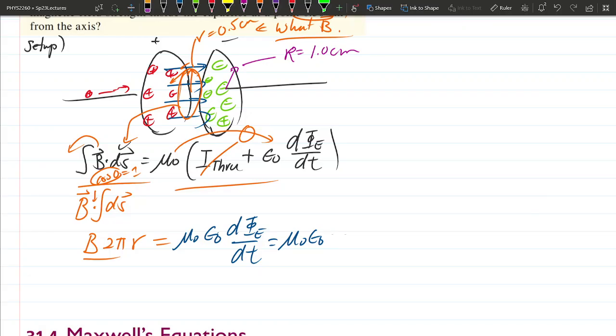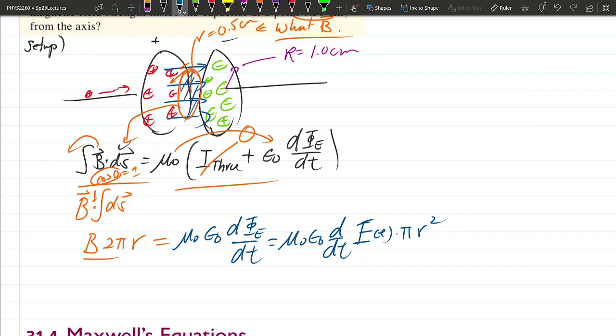Oops, forgot the derivative, don't forget that. The electric field as a function of time times the area around this little loop. So instead of the circumference, it's the area, so that's pi r squared. That's the area of a circle.